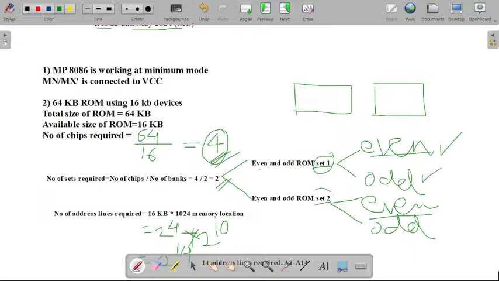Set 2 also consists of two types of banking, even banking and odd banking. So in the diagram we write the odd bank and the even bank, but we have two sets available for both even and odd.